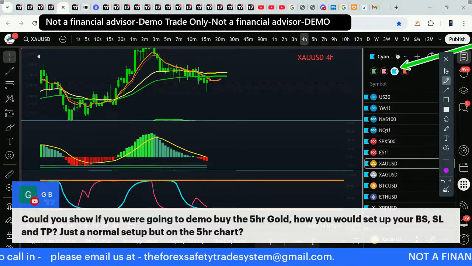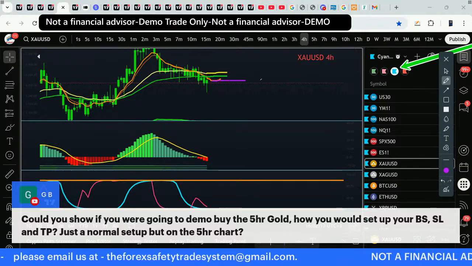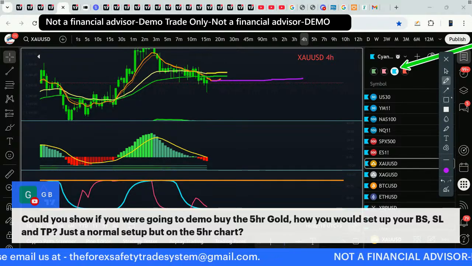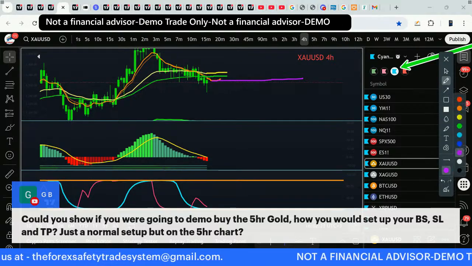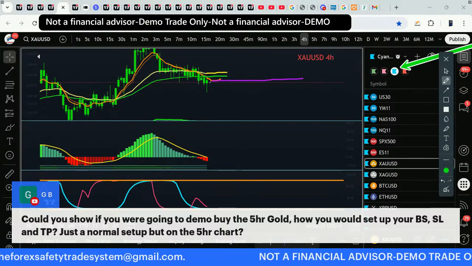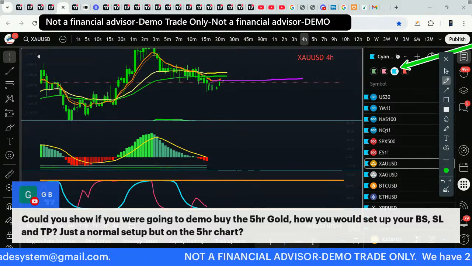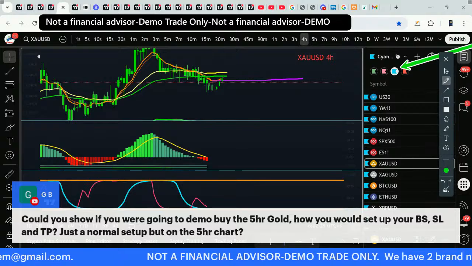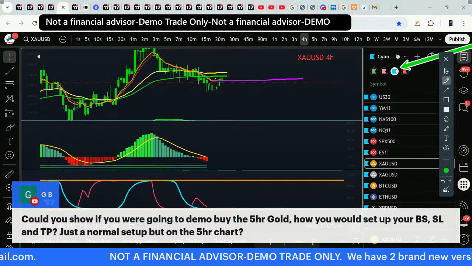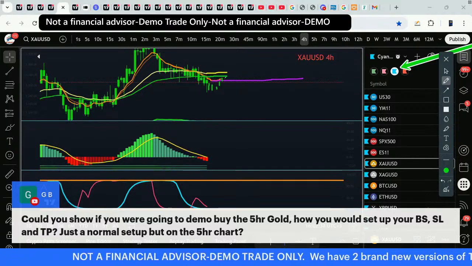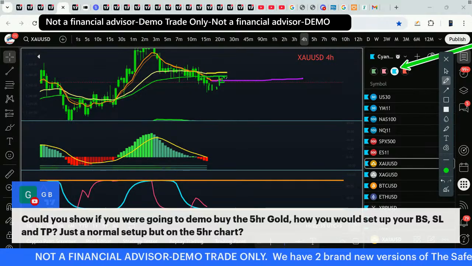What do I mean? Say price action right here on your candles did this, comes down, comes down, comes down, comes up, comes up. Once it crosses my orange line, this is your entry.